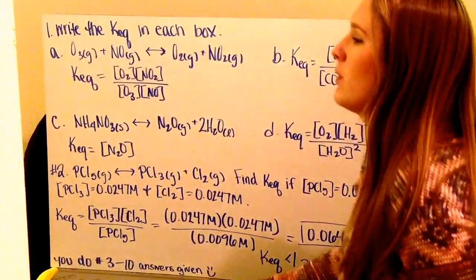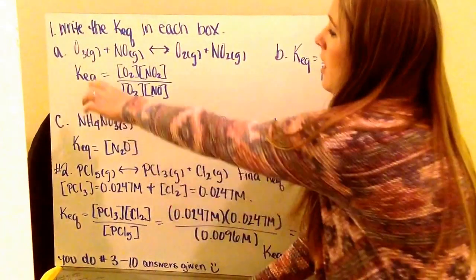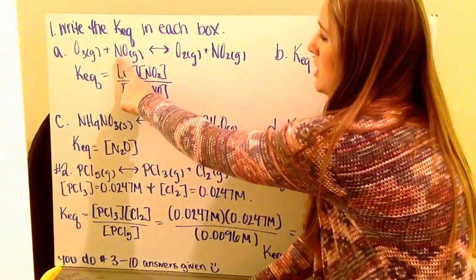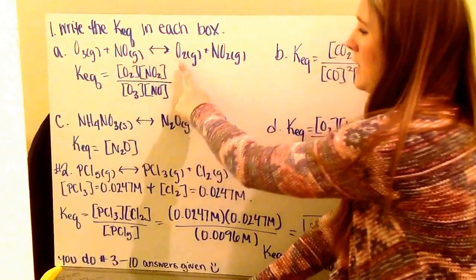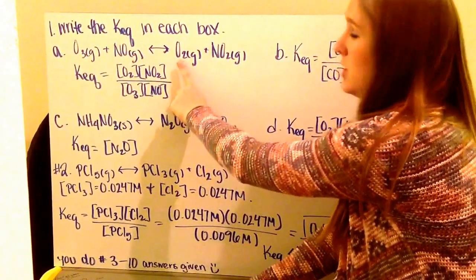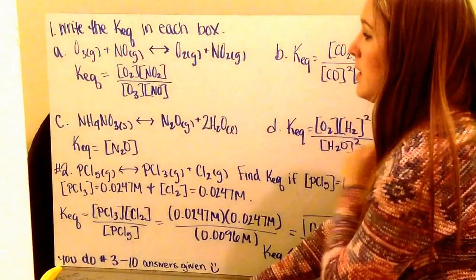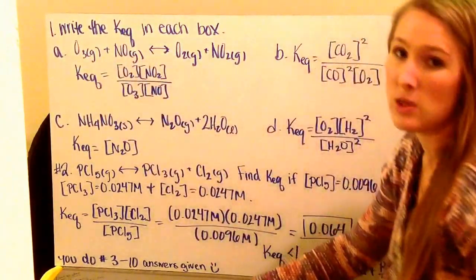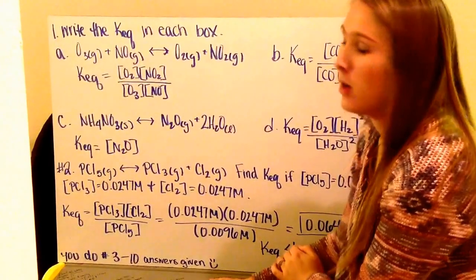1A asks you to write the equilibrium expression for a reaction of O3, which is ozone, and NO, which is nitrogen monoxide, in equilibrium with oxygen, O2, this is not dioxide, but oxygen, plus NO2, which is nitrogen dioxide. Remember that only gases or aqueous solutions can be written in our equilibrium expression, which we have, and they are all raised to their coefficient.